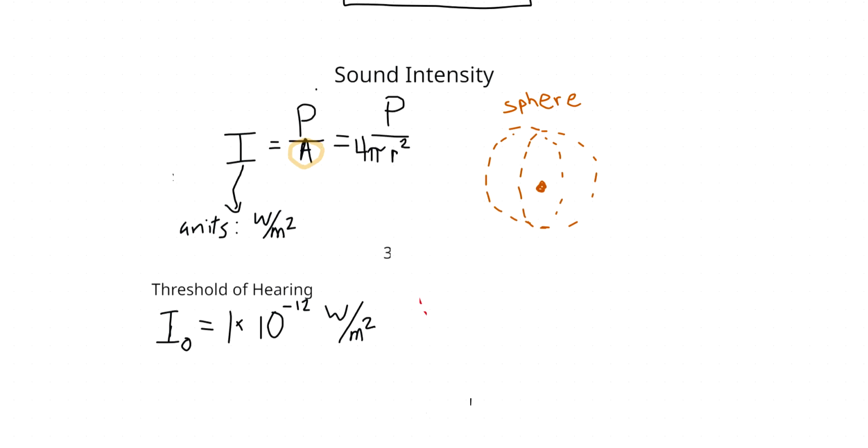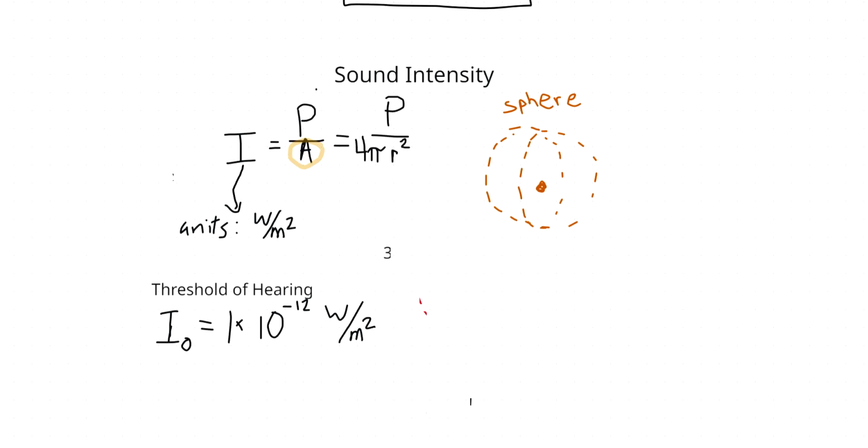So you might occasionally be asked, I'm so far away from some source of sound, what's the intensity? Well, the power of that sound, how much energy we input into that sound, divided by 4 pi r squared, where r is how far away we are from the source, can help us find that intensity.